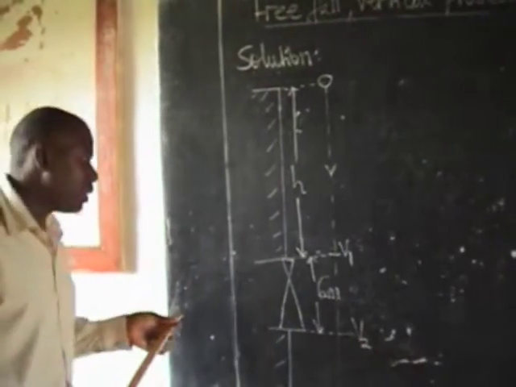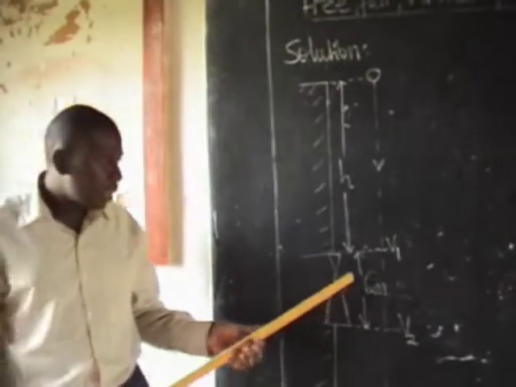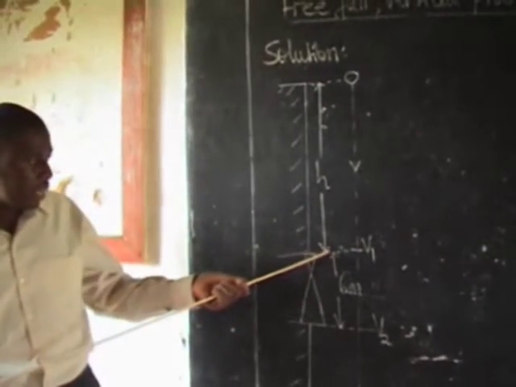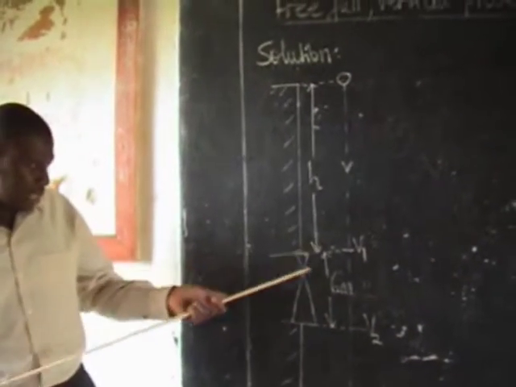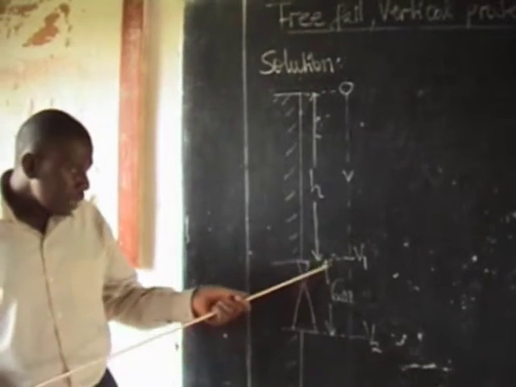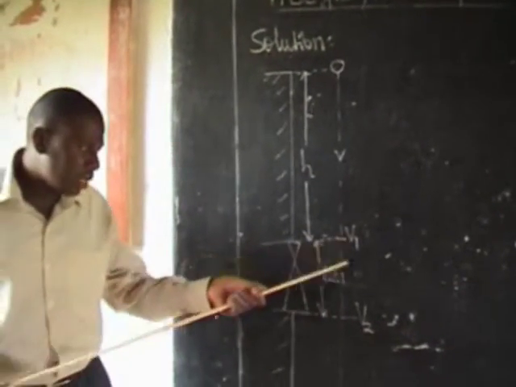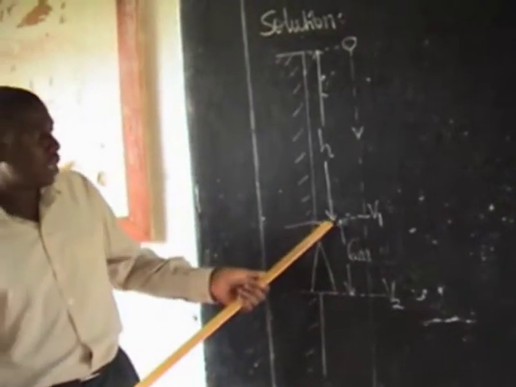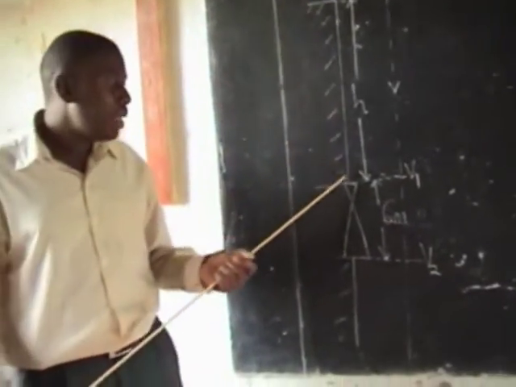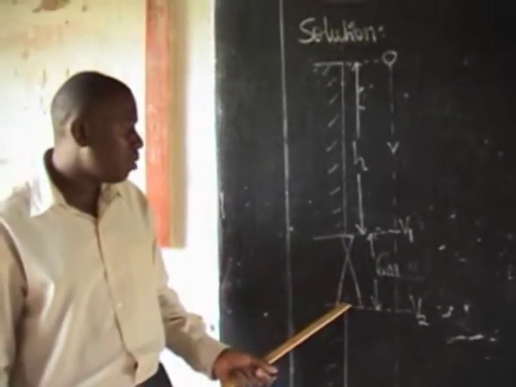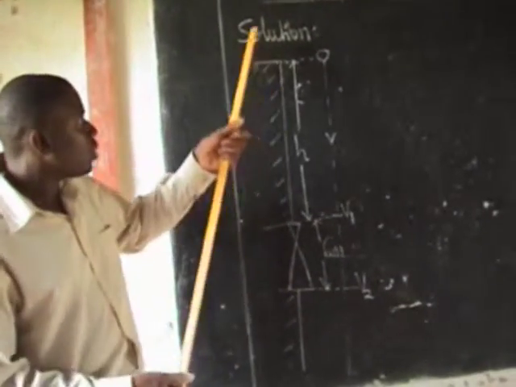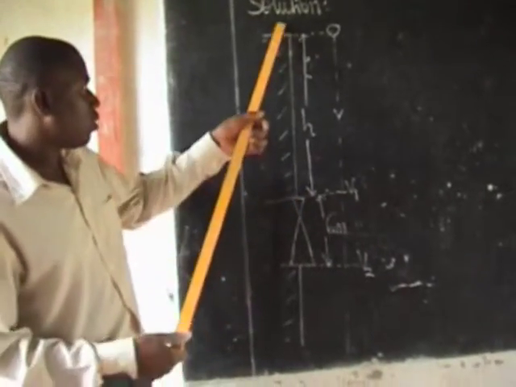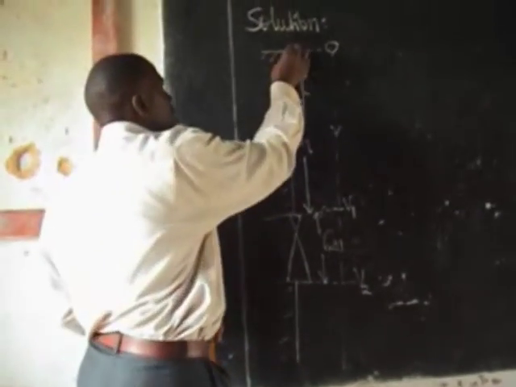So physics may be somehow interesting: just by measuring the speed with which the body passes the window, and also knowing the distance and the time taken, you can use that information to calculate the height above, meaning that there is no need for us to use maybe a depth measure at that instant to obtain the height.